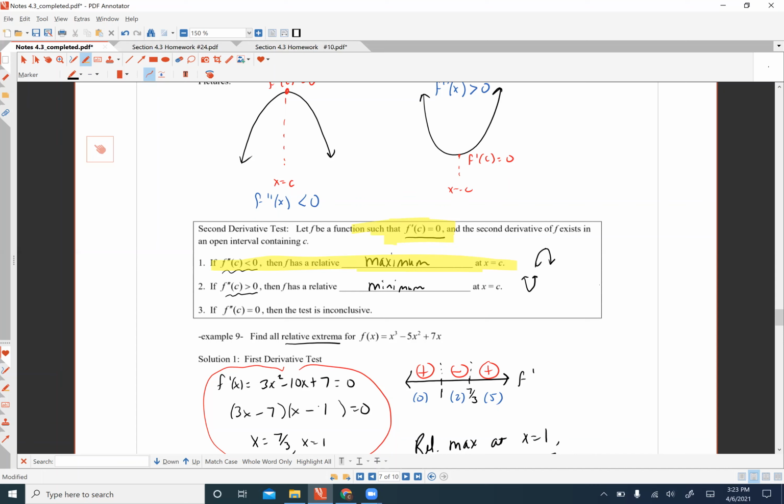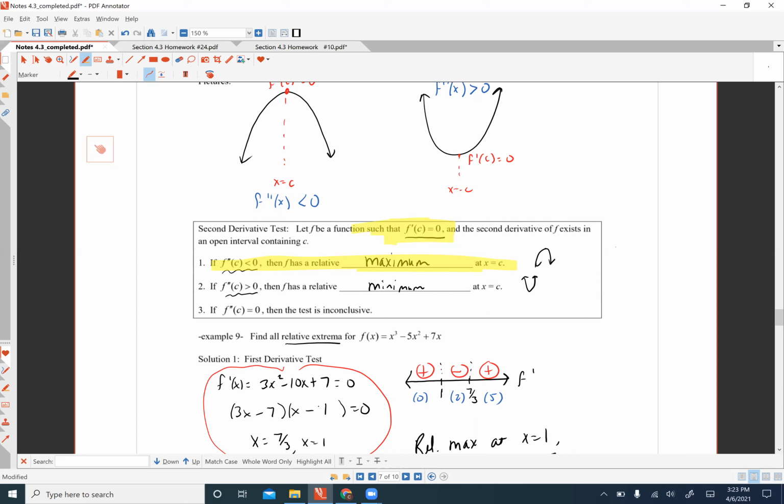But for the second derivative test, we find the critical points, and then we find the value of the second derivative at the critical point. The critical points are where our potential minimums or maximums are. Let's say we have a critical point C, and the second derivative is negative.